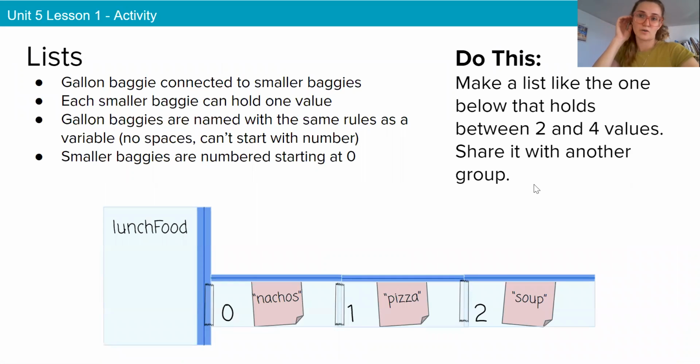So we're going to kind of simulate what lists do. This is an unplugged activity, so we're not going to be doing coding today, but I just want you guys to get a feel for how lists work and a few different commands that we can use to access our lists.